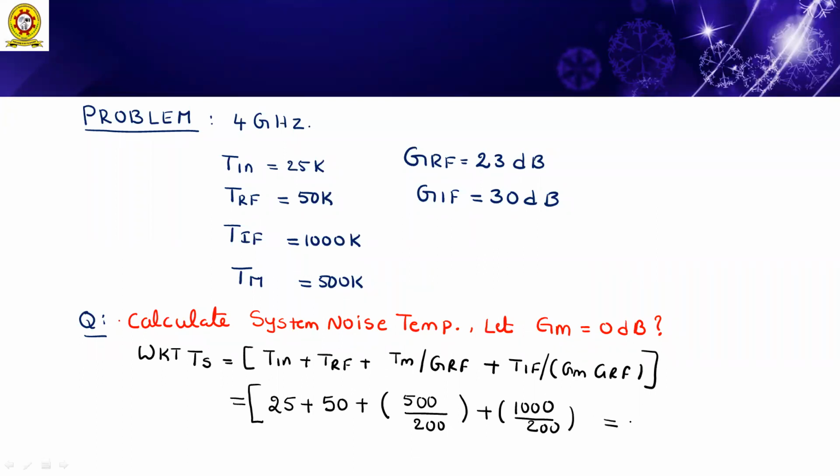What do we get in our calculators? We have 87.5 K. So by the given data, this is the value for TS. Take a snapshot. This is the value for TS.